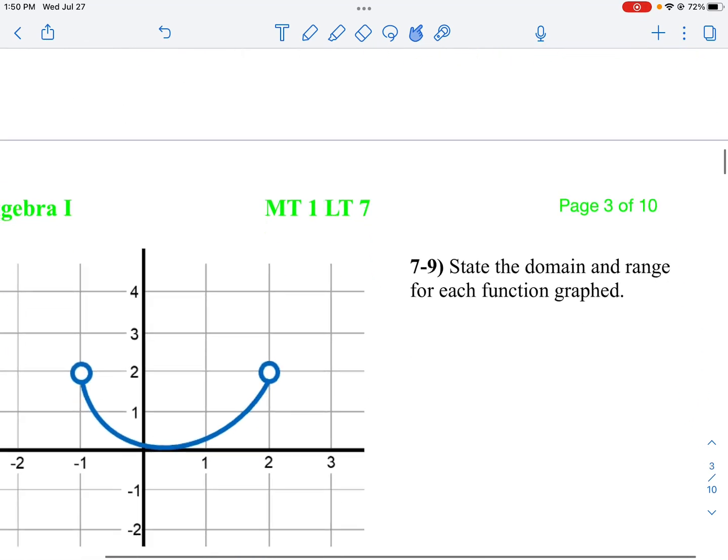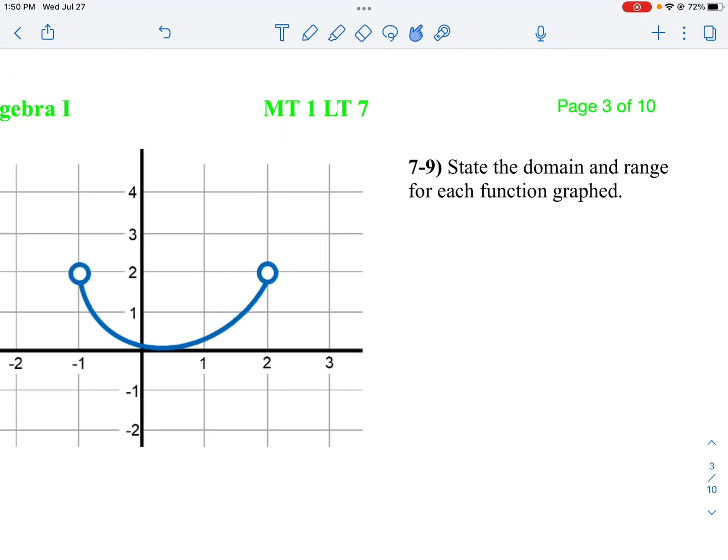Now, take a look at question 7 again. I'm going to look at exclusive. It's the same thing, but open circles means we don't include it. So I'm not including -1 in my domain. So my domain is going to be the set of x values such that -1 is less than x, which is less than 2.